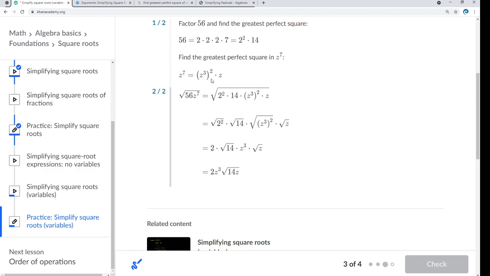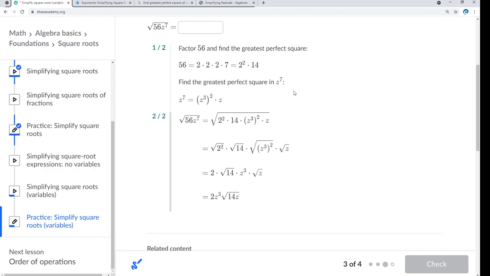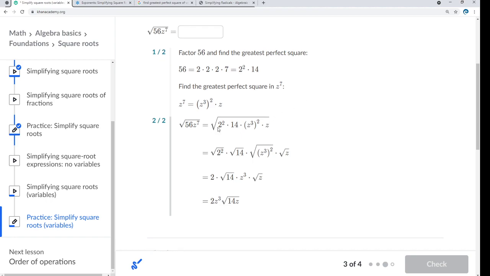So let's say that I wasn't stupid and we figured that out and we arrived at this new square root. Factor 56 and find the greatest perfect square.